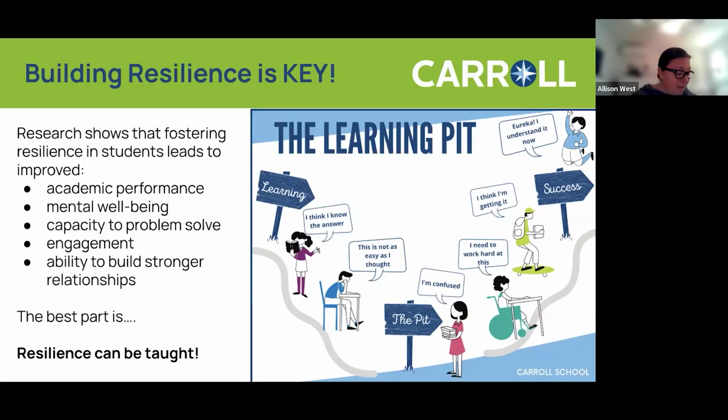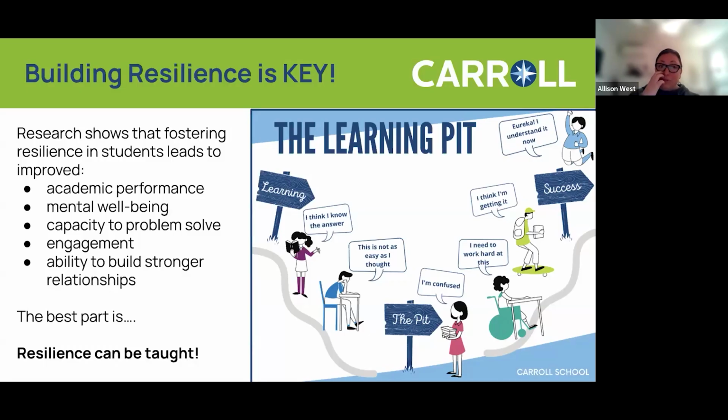We have a motto in our makerspace, and it's make, fail, make, fail, make, fail, make, fail. And that is really something that we try to build in our students, this understanding that making a mistake and wrestling around in the pit is really essential to growth.